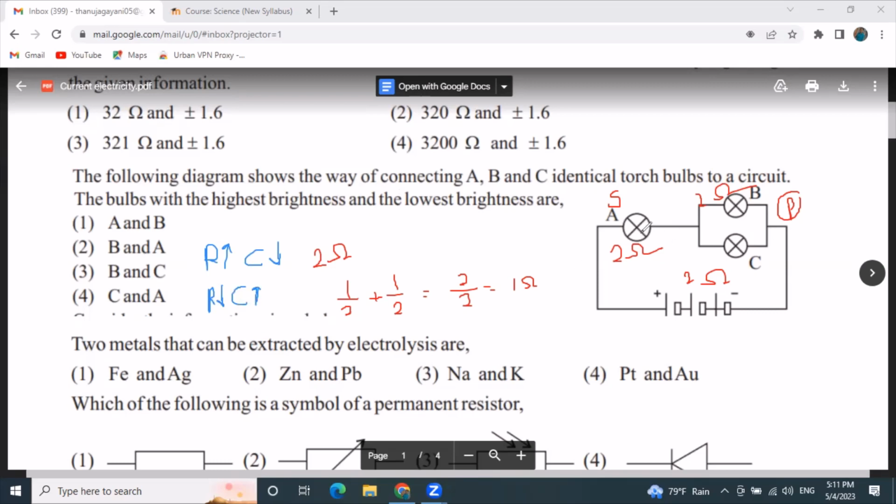Accordingly, bulb A resistance is increased, resistance is high, then the current flow through the conductor is low, so the brightness of bulb A is low. You can write here lowest brightness as bulb A. The bulb with the lowest brightness is bulb A.